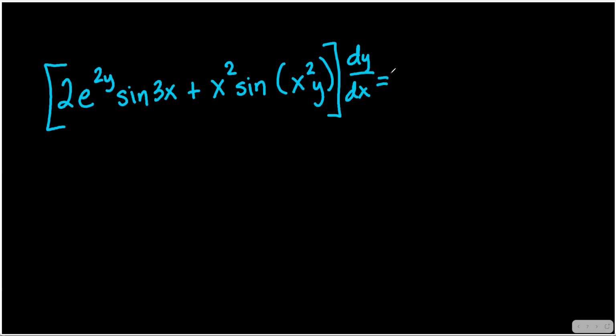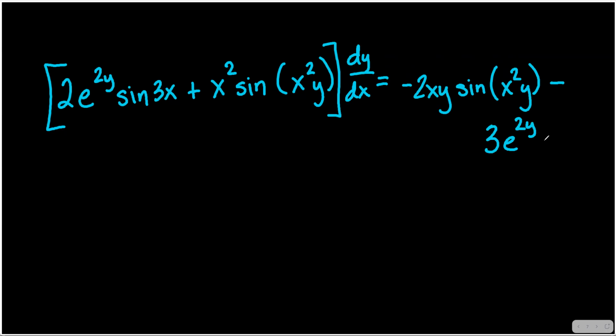And on the other side, I will now have the negative 2xy sine of x squared y minus 3e to the 2y cosine of 3x. So everything with a dy/dx on the left, everything without on the right.